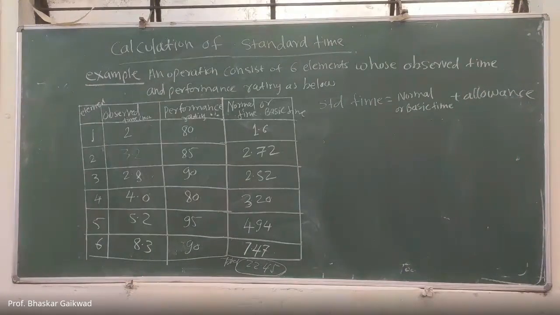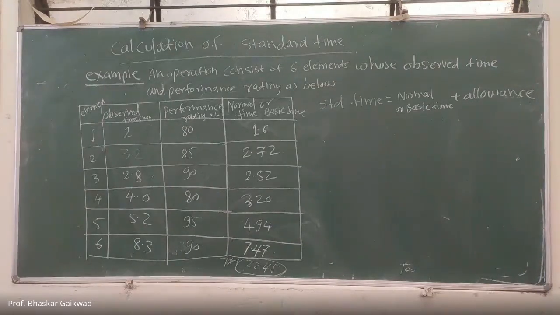So first, anyhow, you have to calculate the normal or basic time. After that, you have to add the allowance. So related to this problem, they have given personal allowance 10% and contingency allowance 5%.